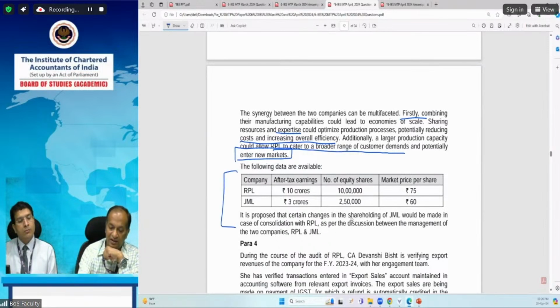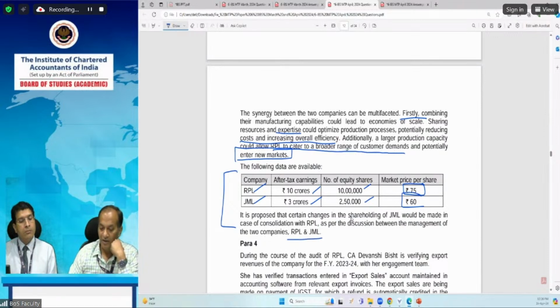Here the company RPL will take over JML. The post tax earnings, the number of equity shares outstanding, and the market price have been given to us. It is proposed that a certain change in the shareholding of JML would be made, as per discussion between the managements of the two companies.